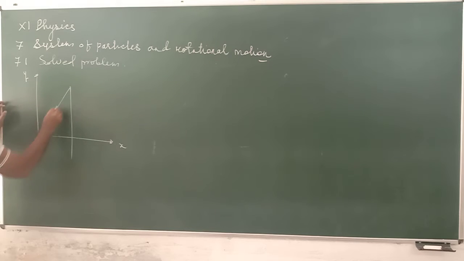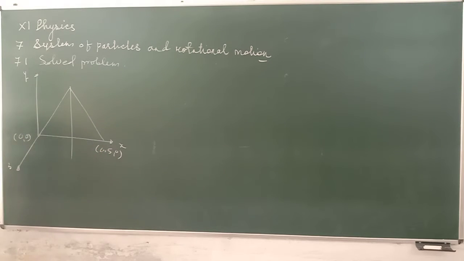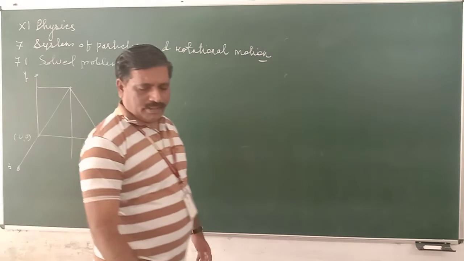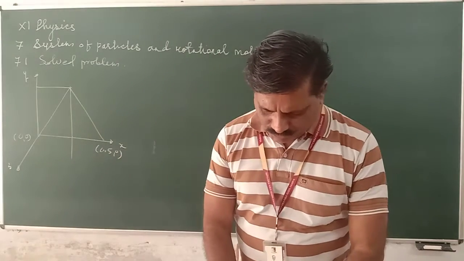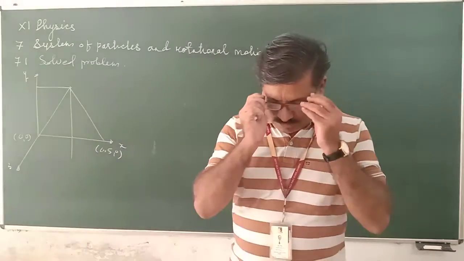Here it is 1, 2. This is 0, 0 and this is 0.50. The Y coordinate is 0. These two particles we got. The third particle, if you check this one, is at 0.